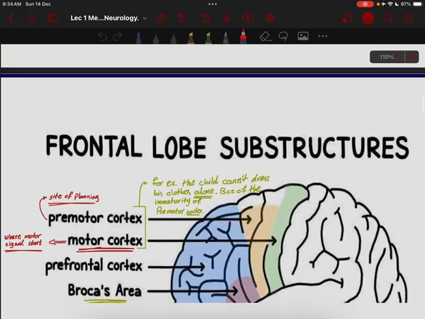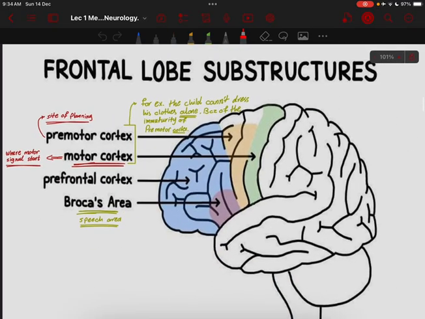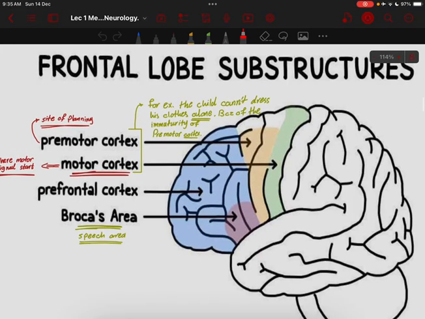So this is a diagram of the cerebral cortex, and this is a diagram of the frontal lobe. The frontal lobe is divided into multiple areas. For example, this area is called the motor area, the motor cortex, which is part of the motor system.